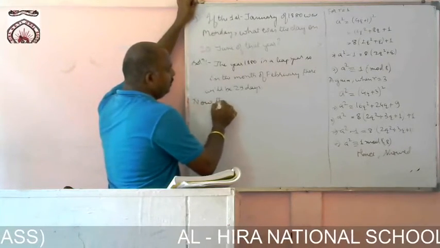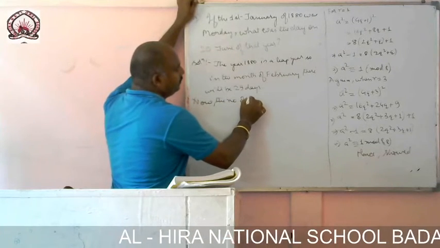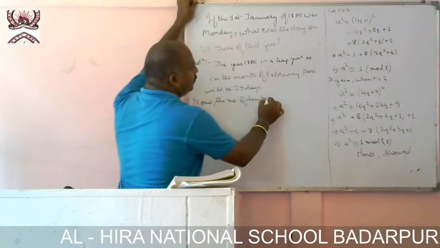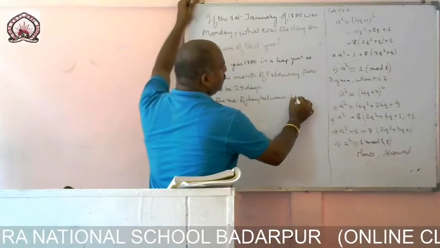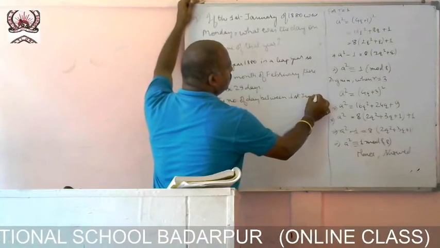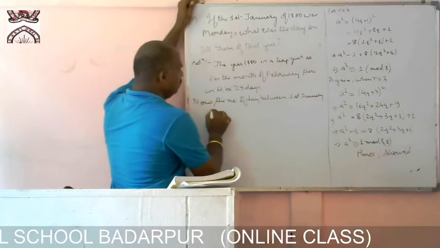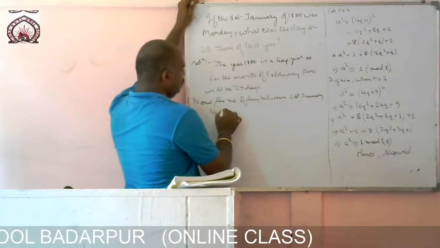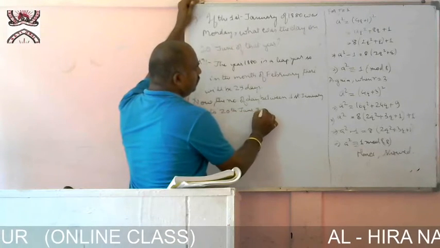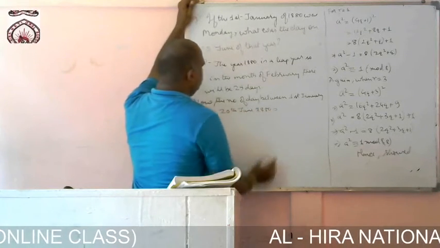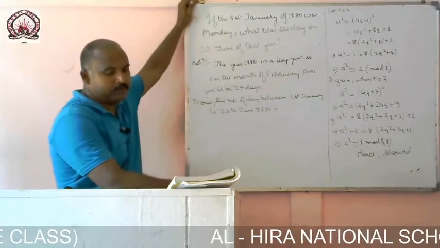Now the number of days between 1st January to 20th June 1880, how many days will be there?